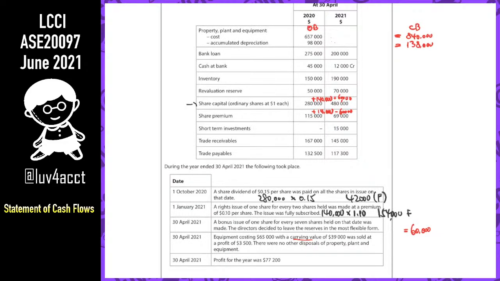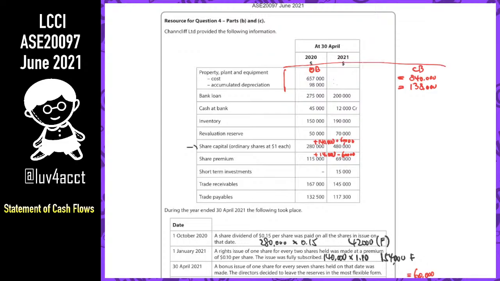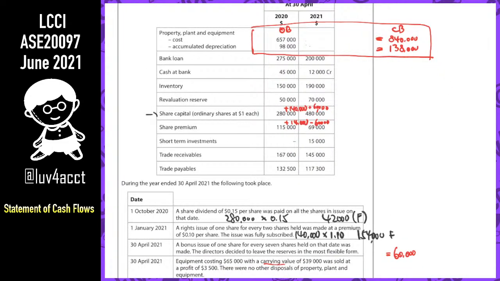So disposal of asset, later we look at this. Disposal of asset, we have this one, proceeds: how much we receive from the disposal. And then less, this is the carrying value of the net asset disposed.